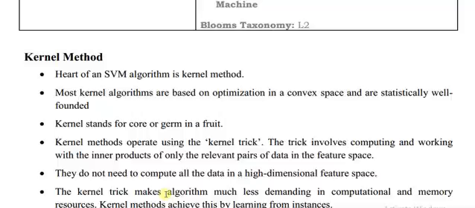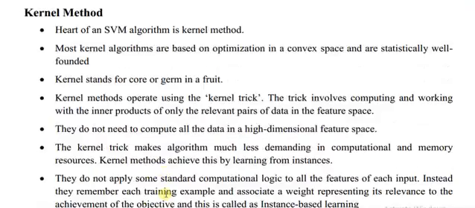They learn from the instances. Kernels do not apply standard computational logic to all the features of each input. Instead, they remember each training example and associate a weight representing its relevance to the achievement of the objective, and this is called instance based learning.